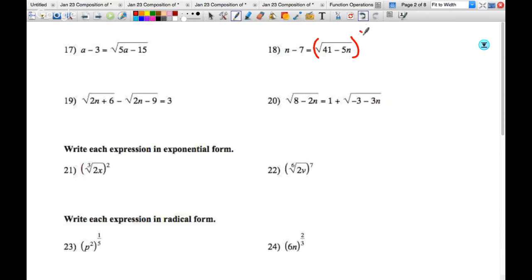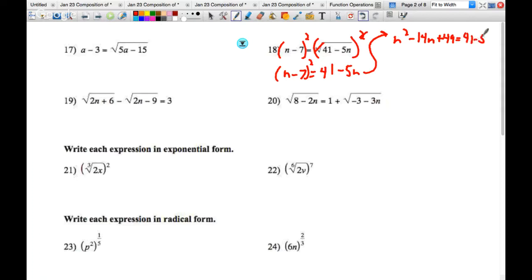To do that, I can raise both sides to the power of 2. That'll cancel out the radical. And I'll be left with n minus 7 squared equals 41 minus 5n. All right, after I just FOIL this out, I'm going to get n squared minus 14n plus 49 equals 41 minus 5n.